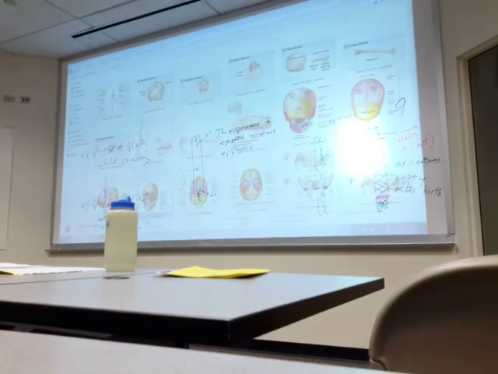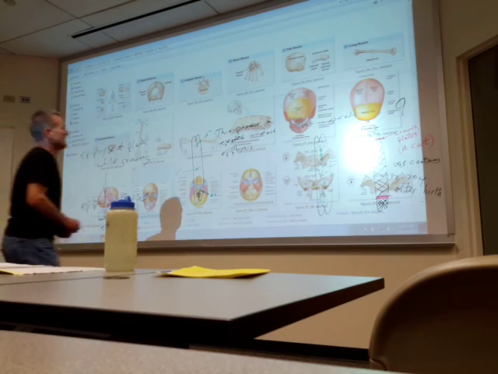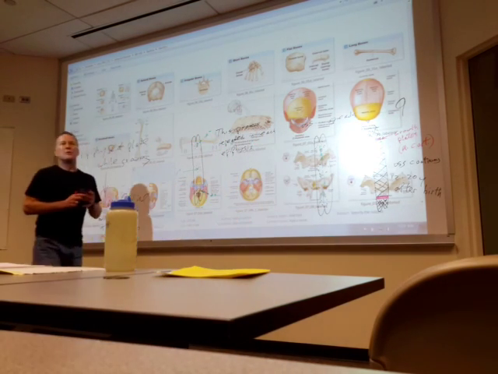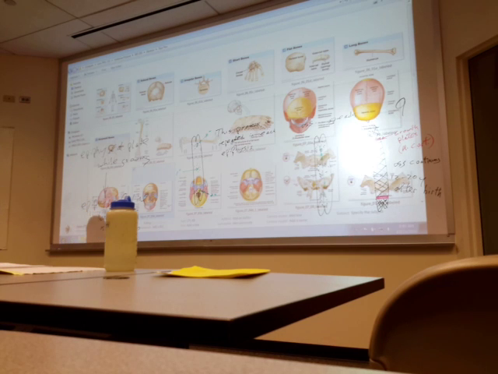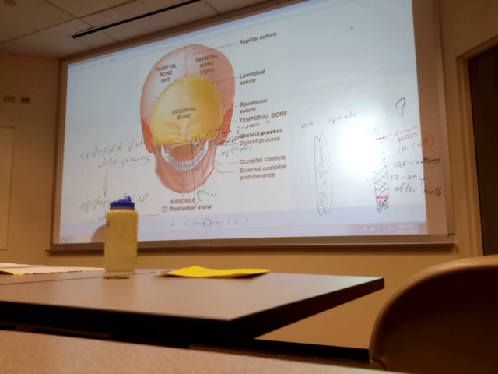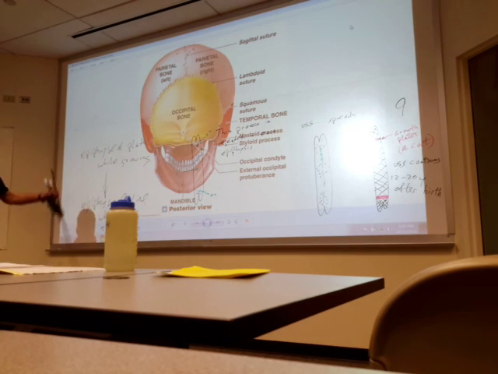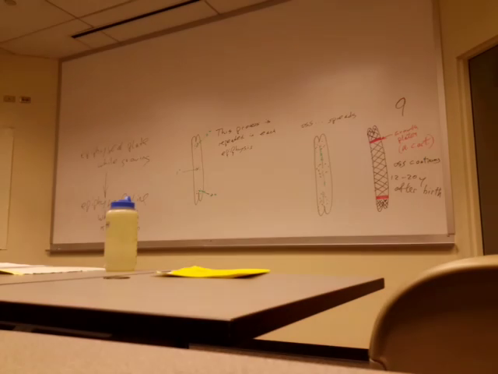Just like looking at any of these sutures in the skull. The older you are, the more ossified those sutures become. So you find a skeleton in the desert, the coroner can figure out, is this a 20-year-old, a 40-year-old, a 72-year-old, an 85-year-old, by looking at the degree of ossification in these sutures. You can do the same thing looking at that growth plate.